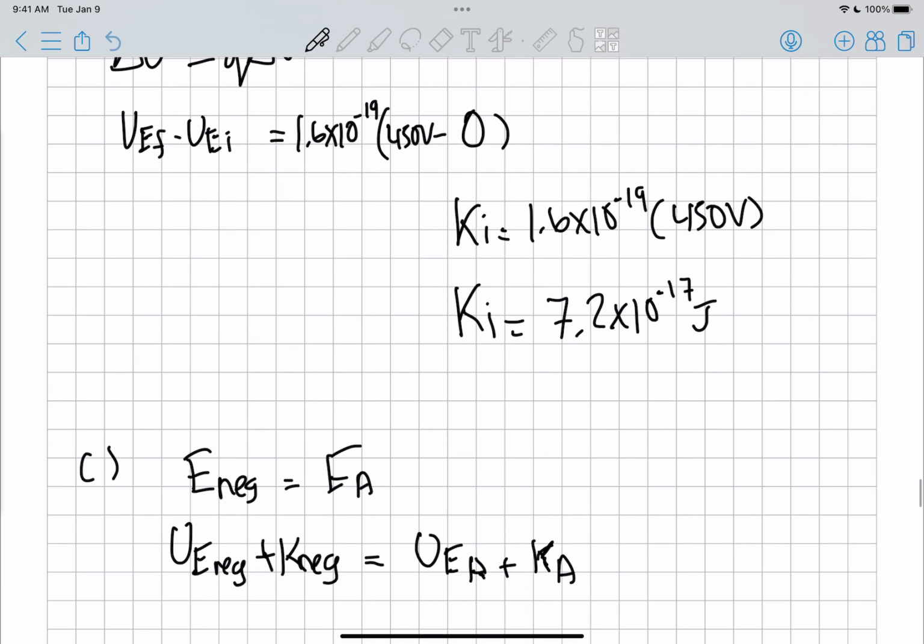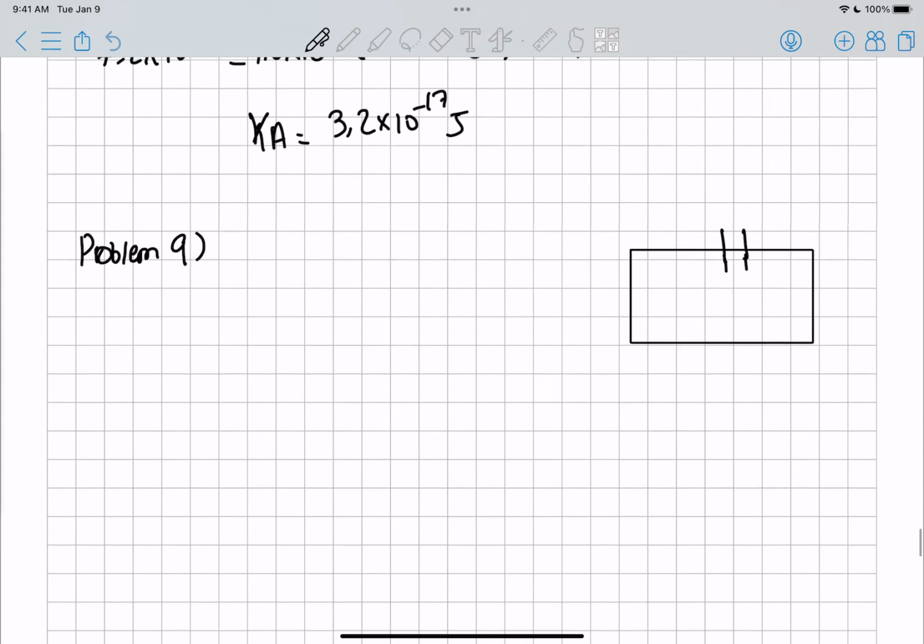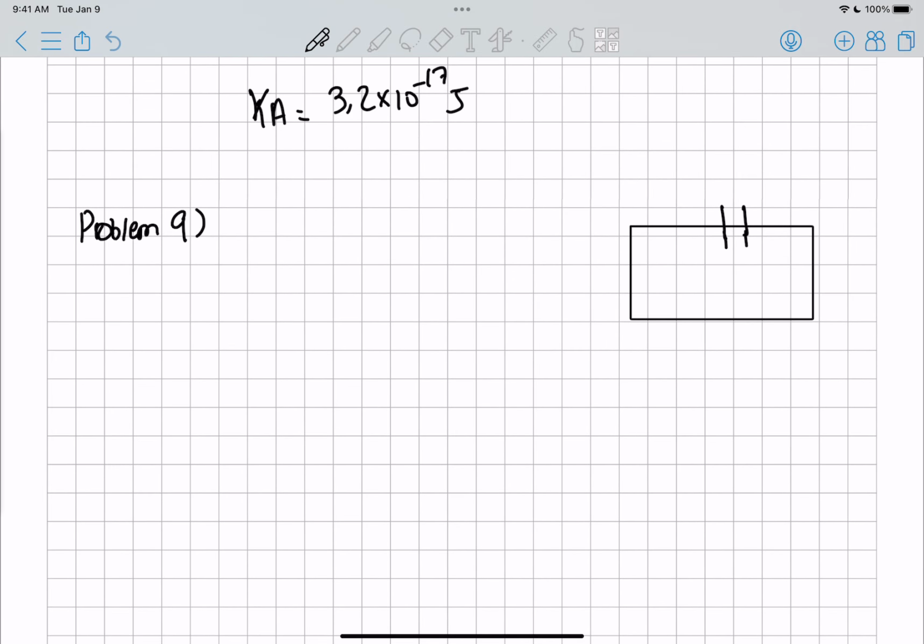Or is that still confusing? You're good now? Okay, awesome. If there aren't any other questions about problem 8, we can move on to problem 9.